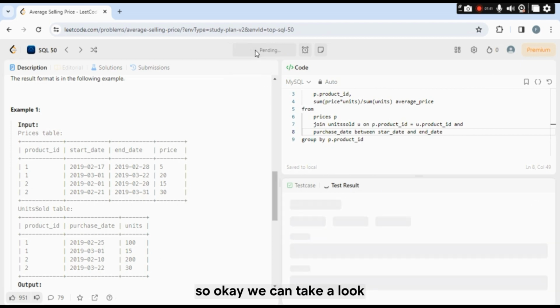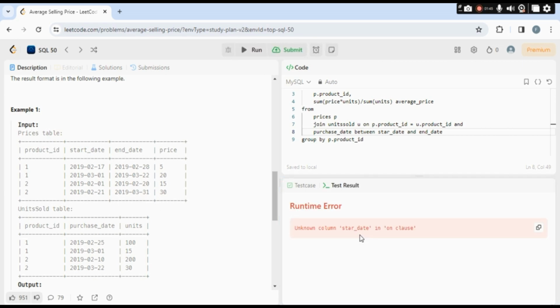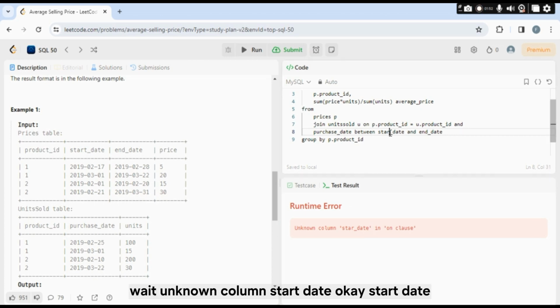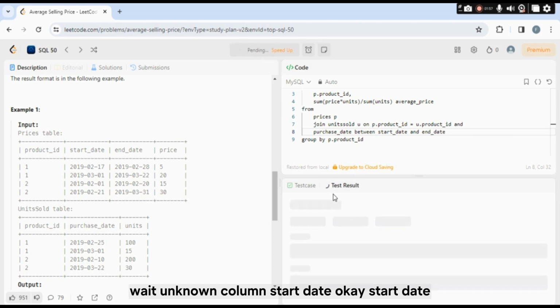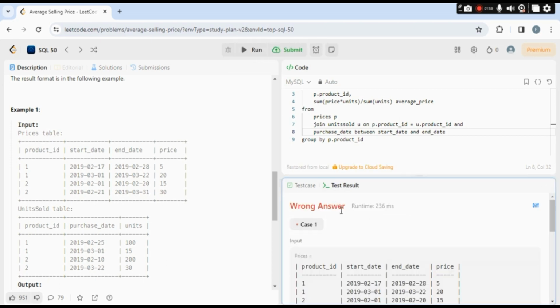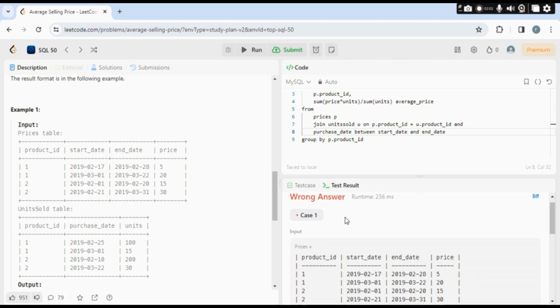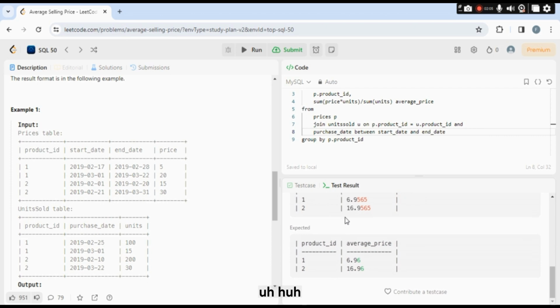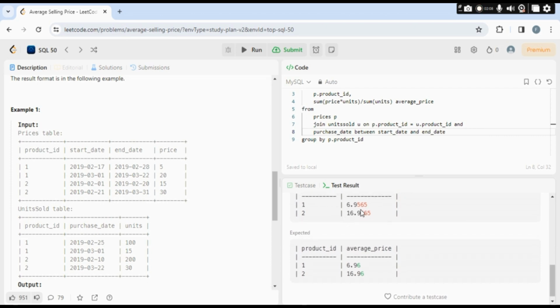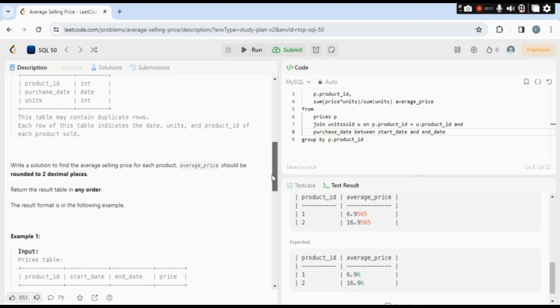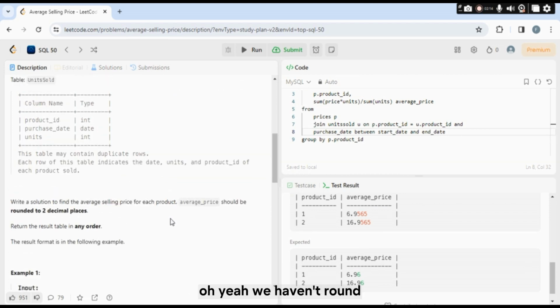So okay, we can take a look. Wait, unknown column start date. Okay, start date. Oh, yeah, we haven't rounded the average price.